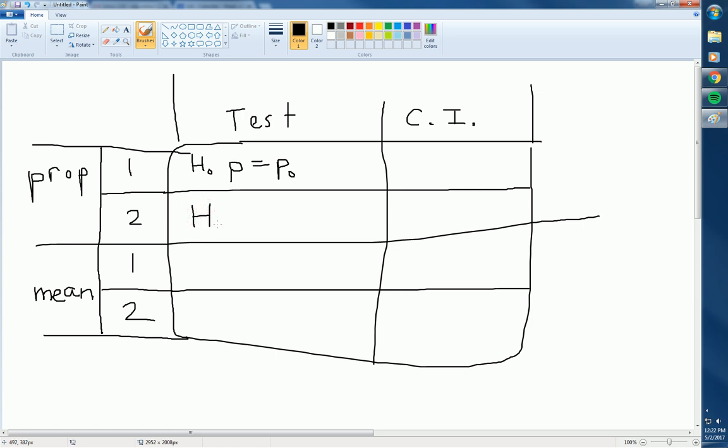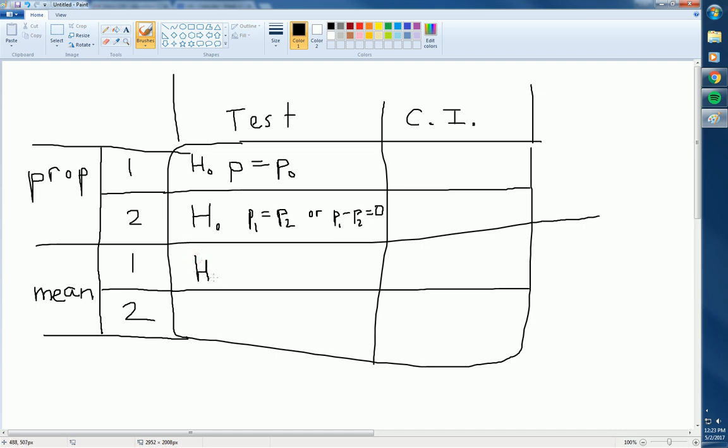In a test of two population proportions, you'll test whether p1 is equal to p2, which we learned you can rephrase as p1 minus p2 equals 0, depending on whichever way you want to think about it. And then once again, the alternative will be a less than sign or a greater than sign or a not equal to sign, where the equal sign is.